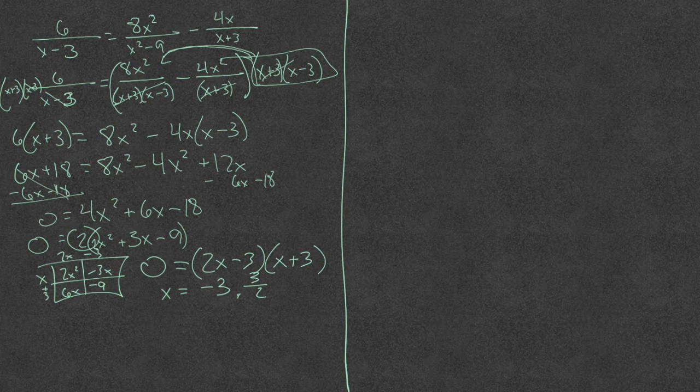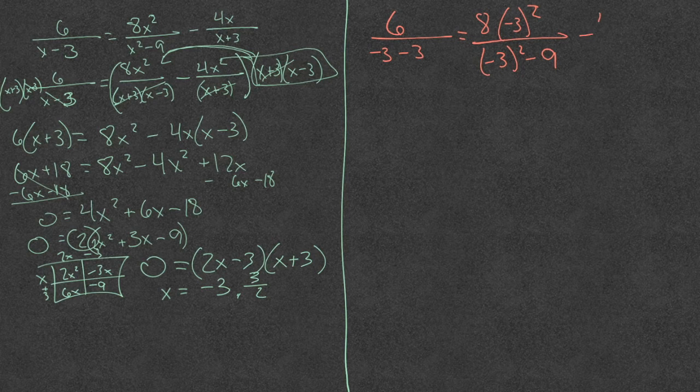So I made it really small so that I can have some space. I'm going to start with the negative 3. So 6 over negative 3 minus 3 equals 8 times negative 3 squared over negative 3 squared minus 9, minus 4 times negative 3 over negative 3 plus 3.